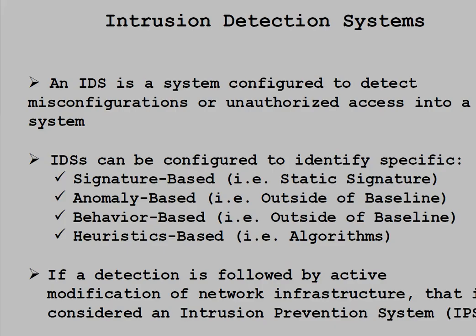All right, so let's go back to the final one, which is heuristics, which is something that's been developed over the years in terms of algorithms that kind of put parts and pieces of all of these different types of intrusion detection system types together in order to take a look at what's going on. Okay.